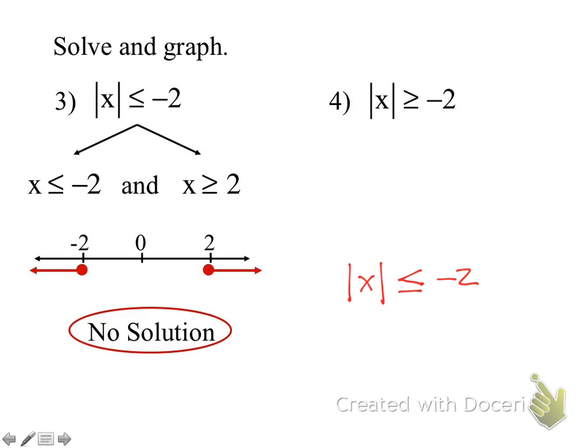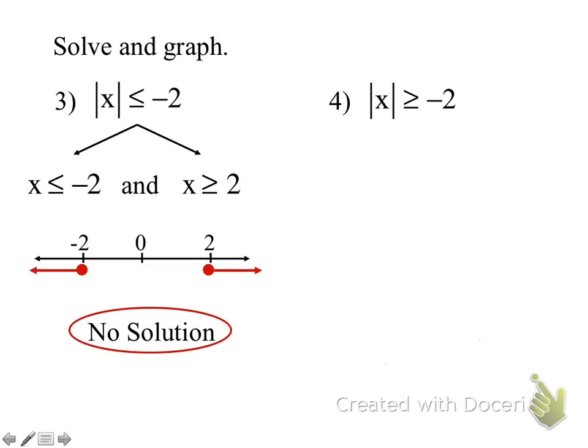In this case, you really have to make sense of the situation, because any number I put in here is going to end up being positive. Is 1 less than or equal to negative 2? There's not going to be any positive number that will be less than or equal to negative 2. So in this situation, it's no solution.